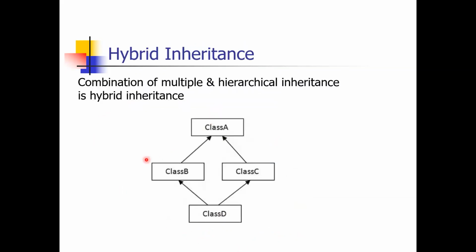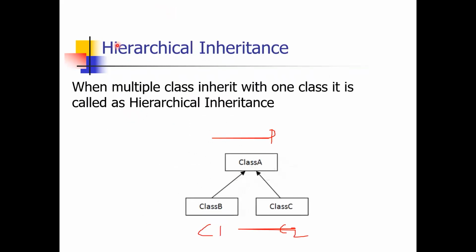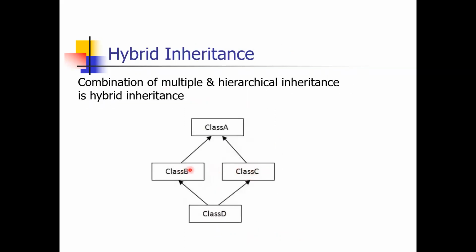Then hybrid inheritance. Hybrid inheritance is a combination of multiple and hierarchical inheritance. Now see, hierarchical means two children with the same parent.